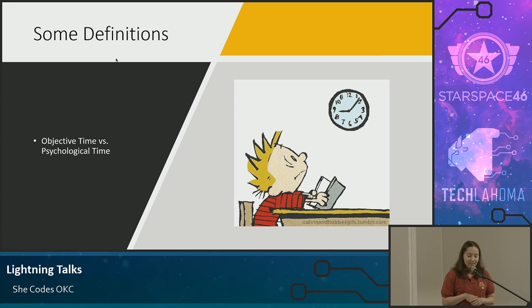So Calvin here is looking at the clock because he only has a certain amount of time to finish his book report, and he's still only halfway through his book. So for him, time might be moving way too fast, whereas if we are Friday afternoon at 4 p.m. waiting to get out of work for the weekend to begin, it might be moving very slowly.